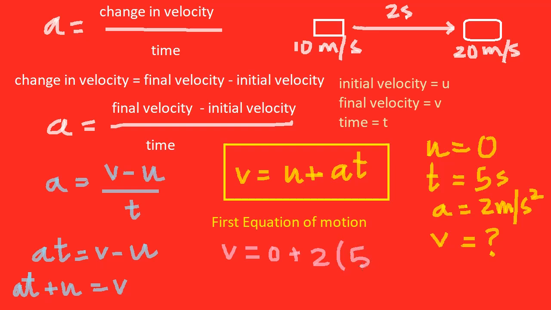So 2 times 5 will give us the value of the final velocity, which is obviously 10 meter per second. In this way, we can use the first equation of motion to calculate the unknown quantity from these four quantities if 3 of them are given to us. So this was a discussion about the first equation of motion.